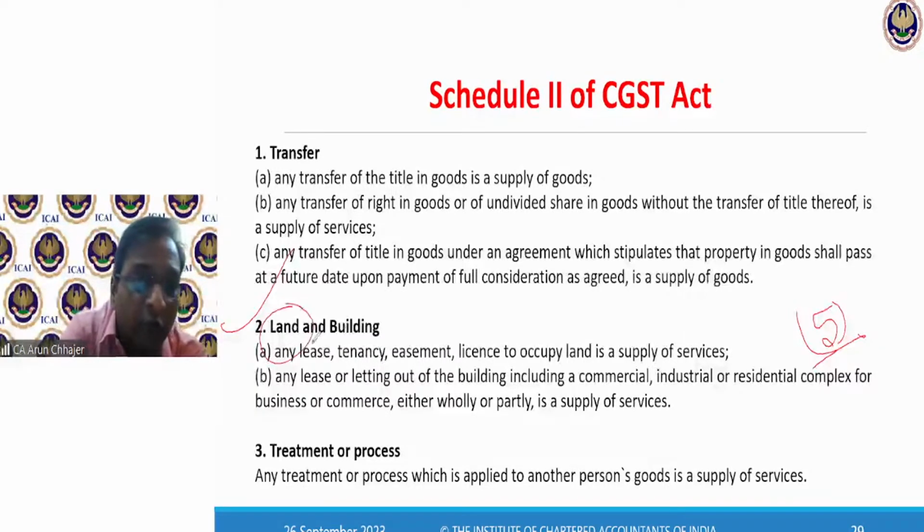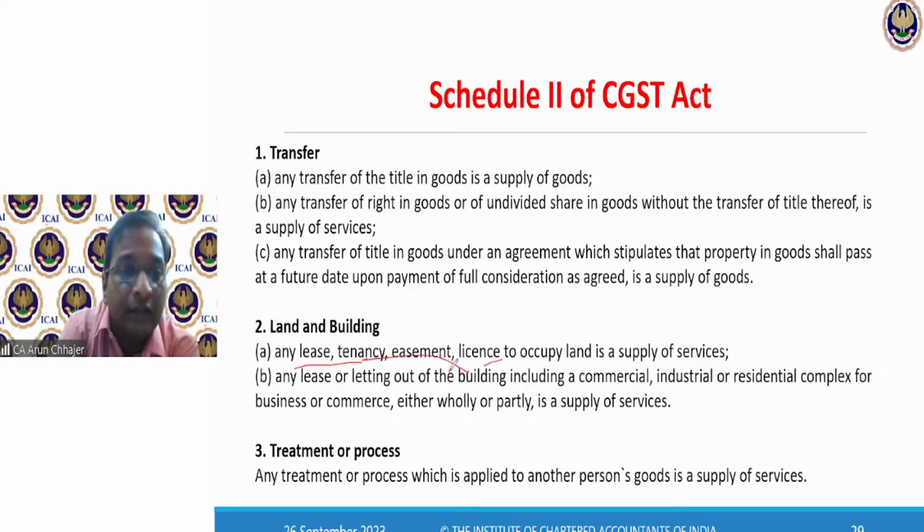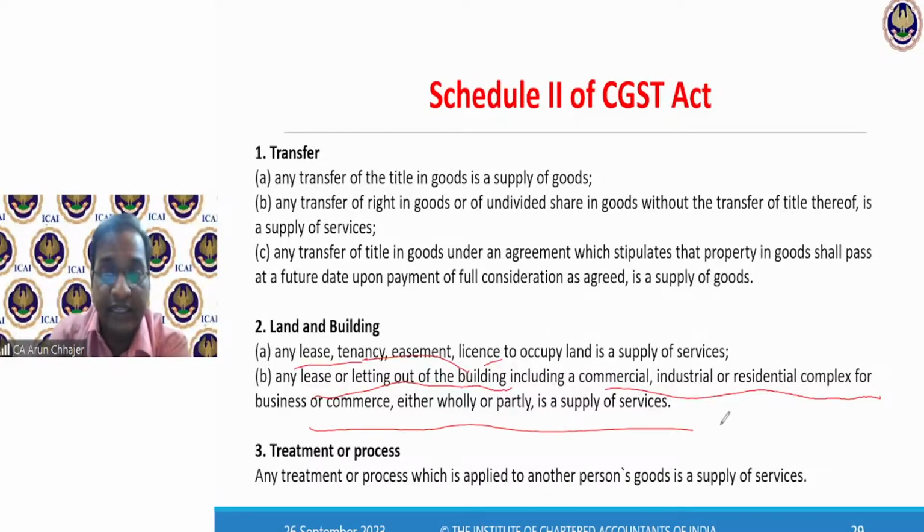But here we are talking about land and building, lease, tenancy, easement, or letting out, etc., of a commercial, industrial, or residential complex for business or commerce purpose. Then it is a supply of service. Because we have discussed that land and completed building cannot be the supply of goods. So if they like to create the taxability, they can make taxability only by calling it a service, right?